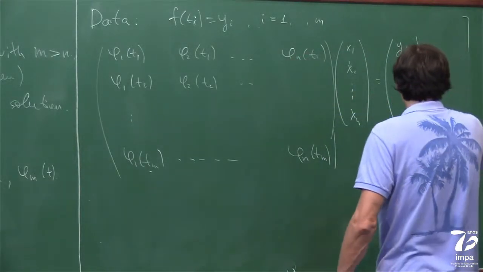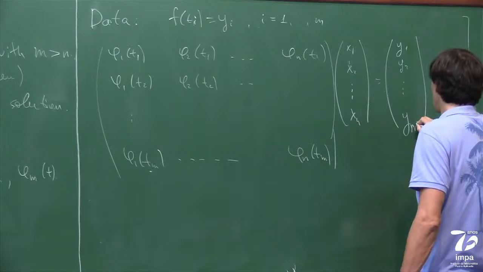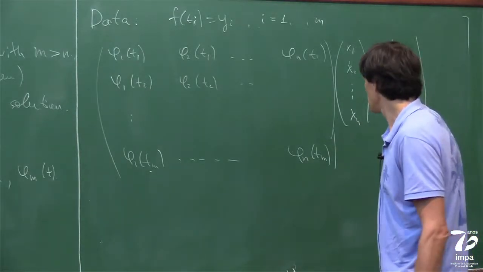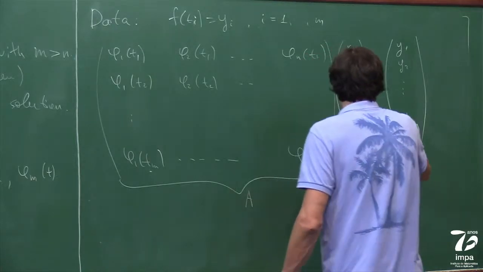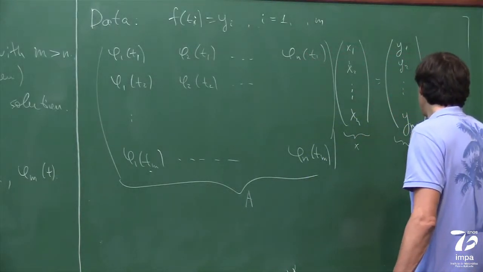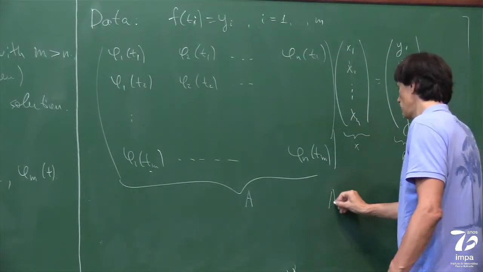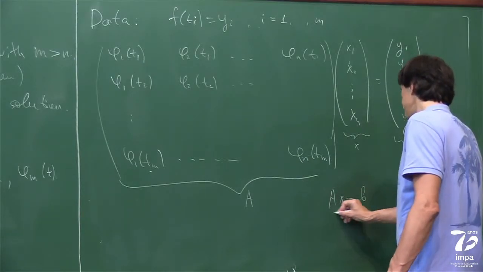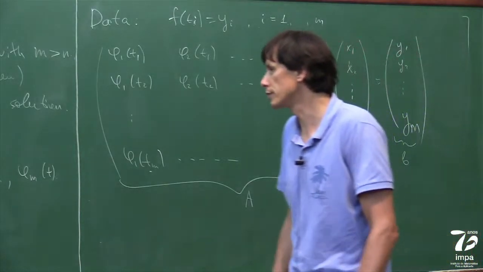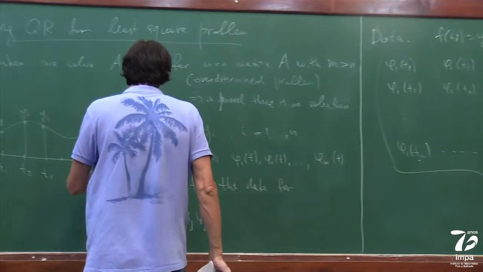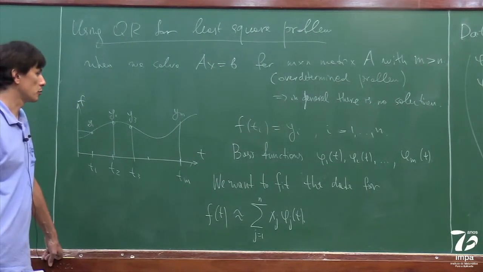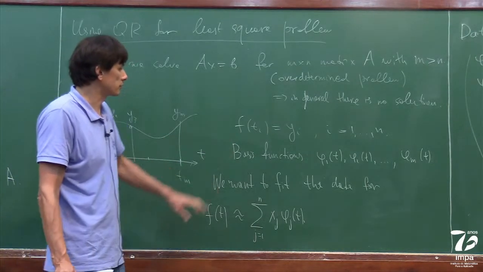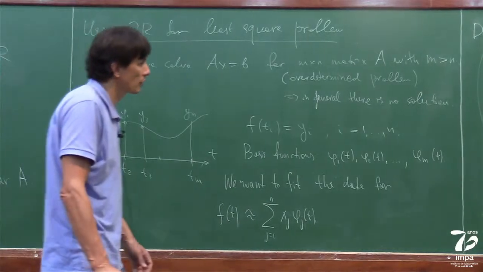And this is m. So this is matrix A, right? This is vector X, and this is vector B. So we have A X equals B. So we reduce the problem of expanding our function into the certain system of basis functions to a problem from the data. So we want to solve it.